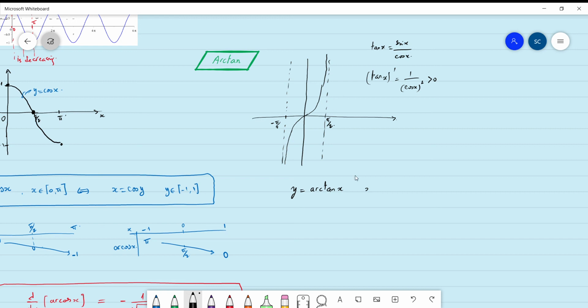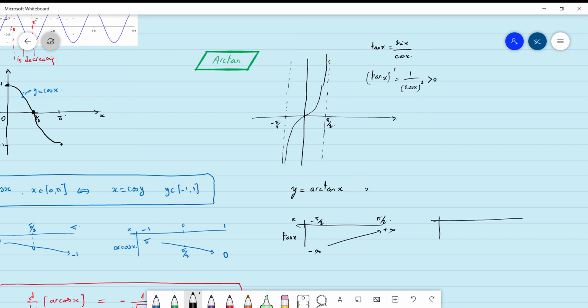Let's start with the table first. x is restricted to be from minus pi over 2 to pi over 2, and my tangent function is an increasing function, so it takes plus infinity and minus infinity at the asymptotes.